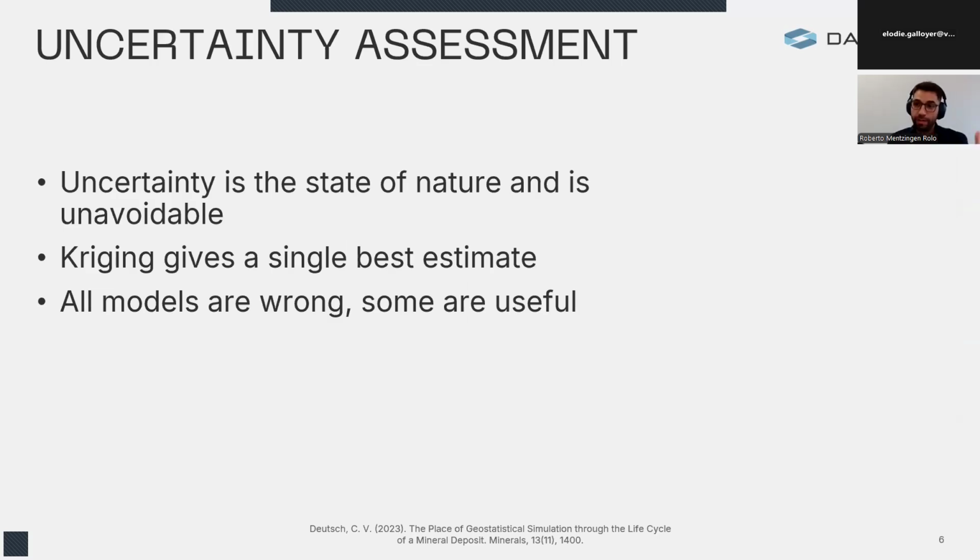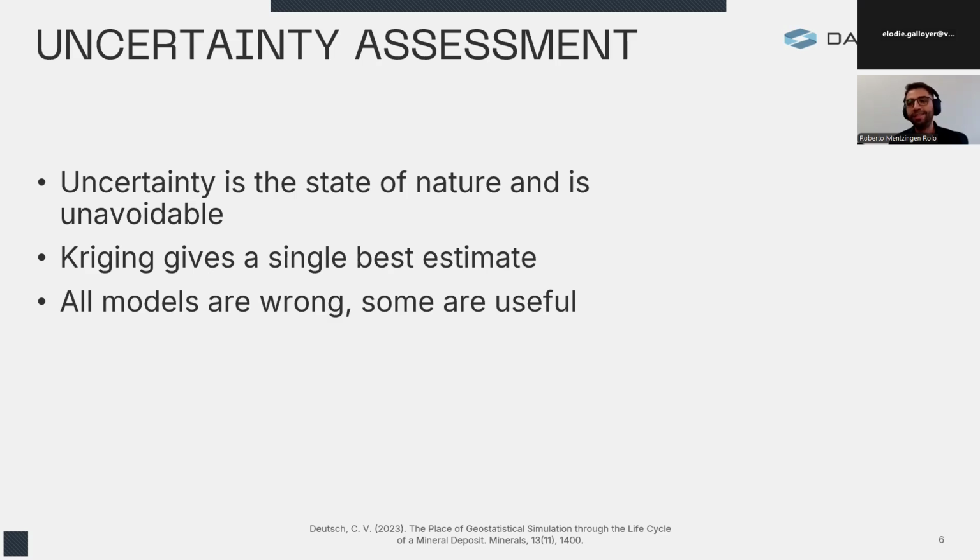On one hand, we are dealing with natural phenomena, which are inherently uncertain. So geological heterogeneity, incomplete information, because we gather information from sparse drill holes, mean that uncertainty is unavoidable. And on the other hand, kriging provides a single best estimate, which is a deterministic result.